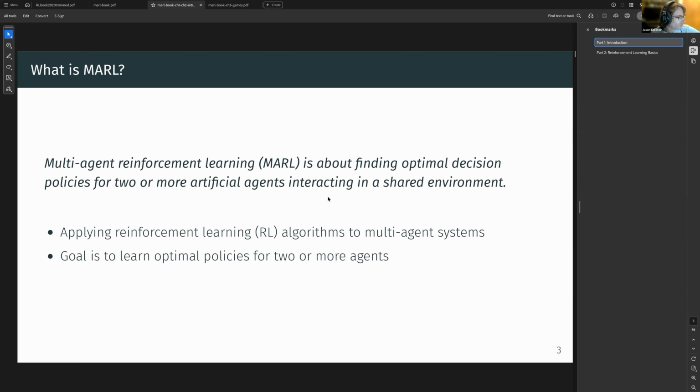So the main difference, obviously, between multi-agent and ordinary reinforcement learning is just that there is more than one agent, and the actions taken by multiple agents affect the outcome. There are lots of different problem classes that we could have. The agents could be competing with each other or cooperating with each other.